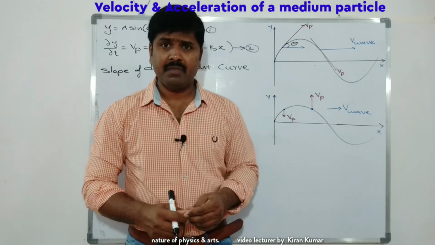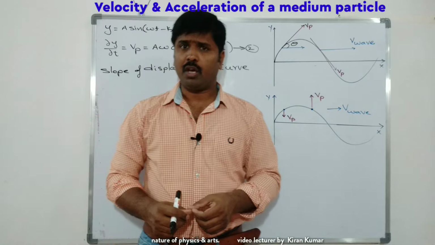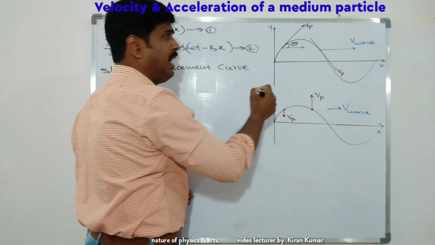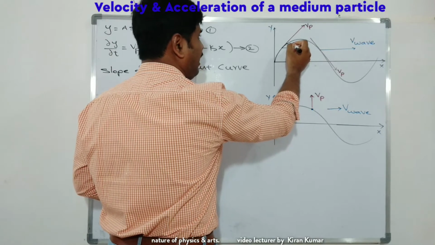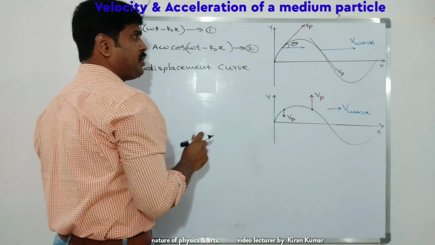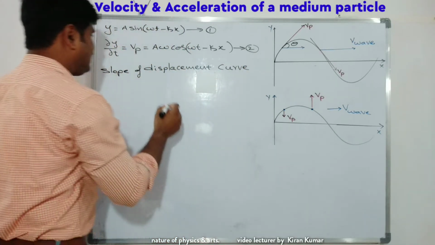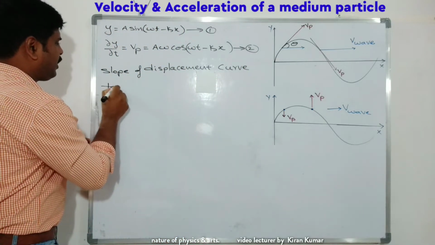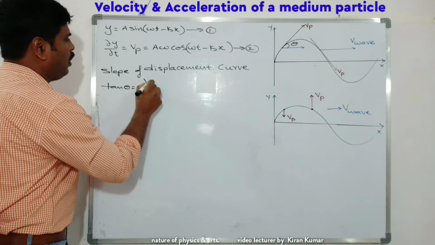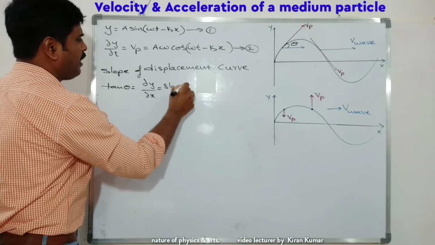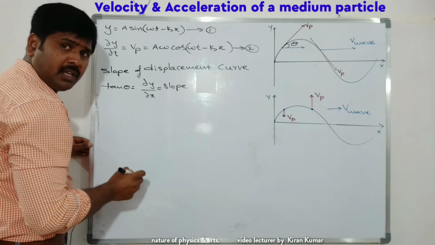Now, the slope of the displacement curve. This is the velocity of the particle and this is theta, the positive slope. Here tan θ = ∂y/∂x, which is the slope of the displacement curve.